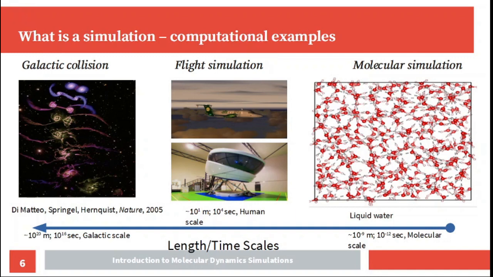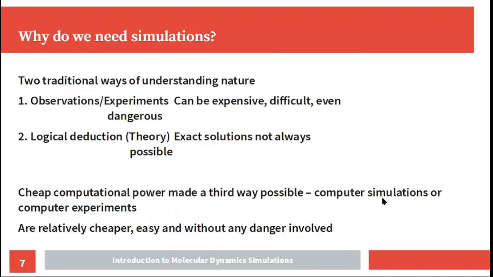So now if you have seen enough examples of simulations, both real and computational simulations, the question is, why do we need simulations after all? And the answer is, if you want to understand nature, there have been two traditional ways of understanding nature.